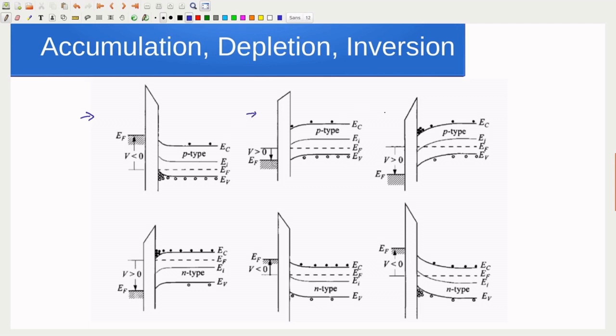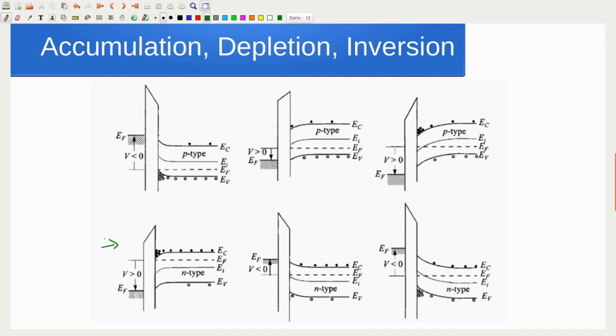We are having three different actions happening upon the band diagram based upon the applied voltage Vg. Similarly, the application of different gate voltages in the n-type can also be explained, but now we will be purely concentrating on the p-type, and that explanation will help you to understand what happens to the band diagram of n-type MOS.